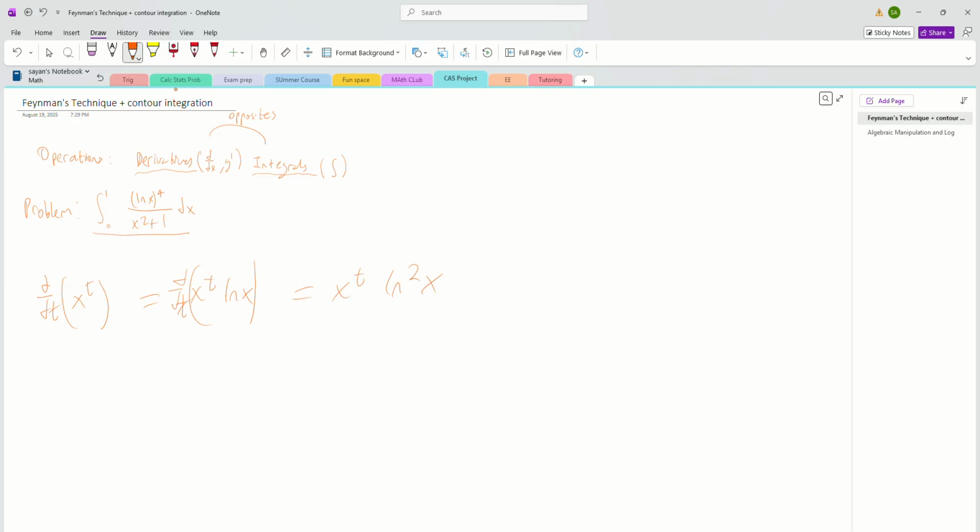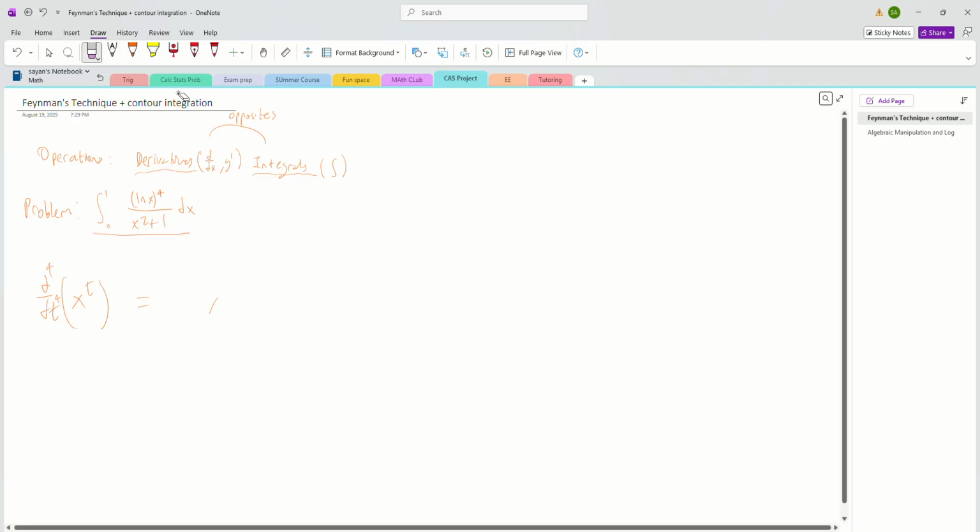All it's going to do is produce another ln x. I think you guys can see where I'm going with this. If we take the derivative 4 times, then we're going to get x to the t times ln x to the power of 4, which is what we have here, right? So that's all I'm going to do.